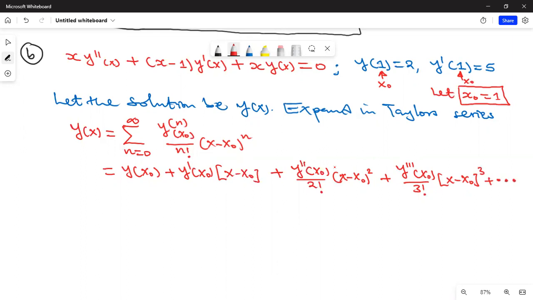And we have said x naught is equal to 1. So we substitute 1 where there's x naught.